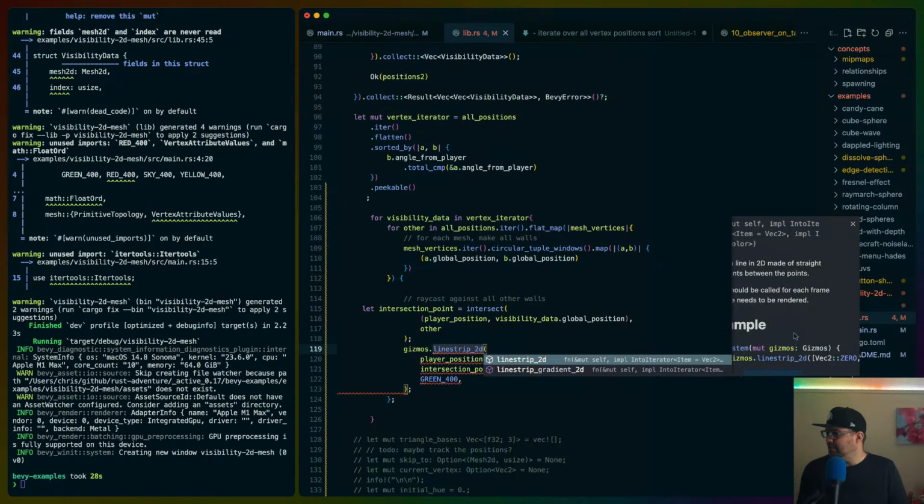And this is... Why is that a 3-dimensional vec2? Draw a line in 2D made up of straight segments between the points. And it has a vec2 0, a vec2 x, and a vec2 y. Let me just grab this.